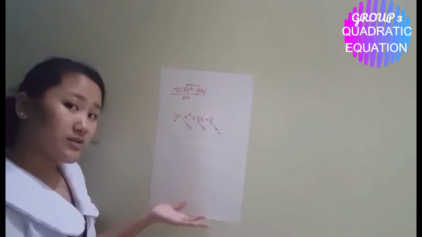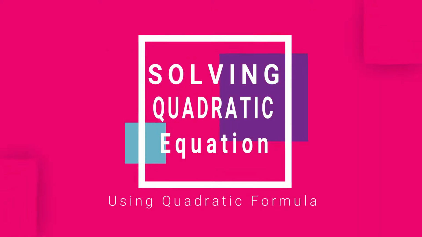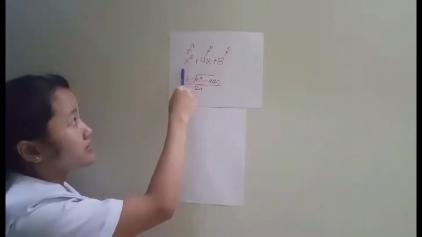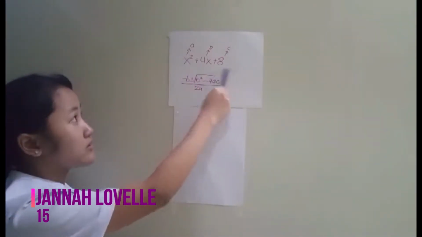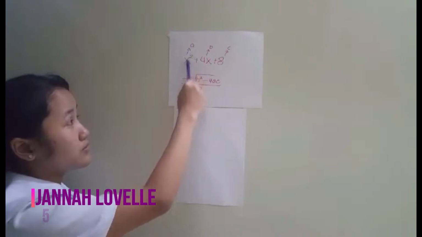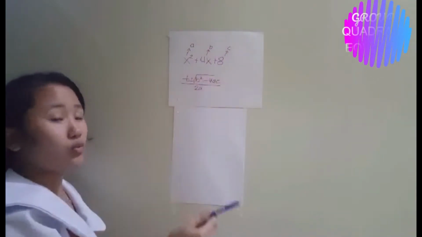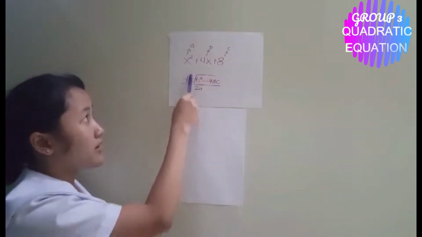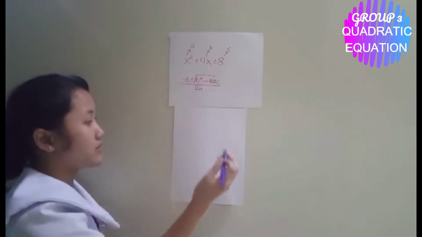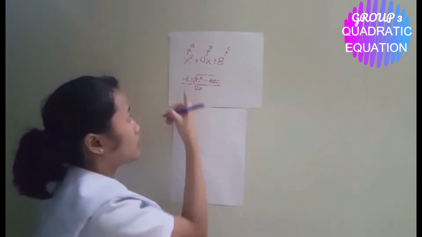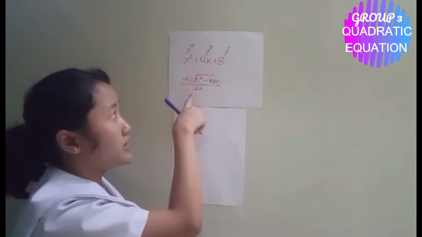So let's get right into solving. These numbers correspond to a, b, and c. So we're just going to substitute these into here. So first, negative b, what is b?